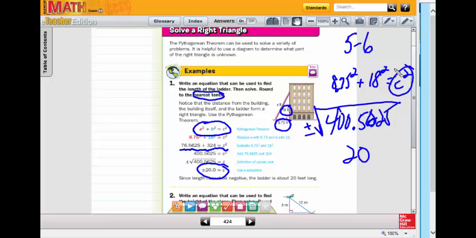Another way to take a look at this problem is you literally could take your calculator and just press the square root of 8.75 squared plus 18 squared all in one set of keystrokes, and you will get the answer of 20.